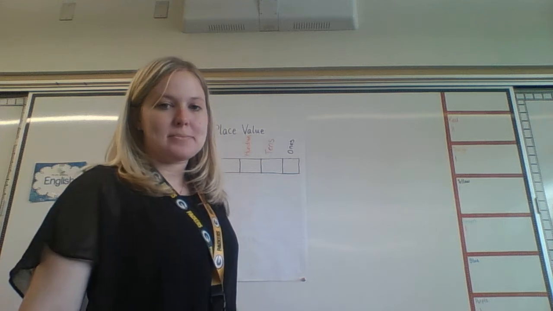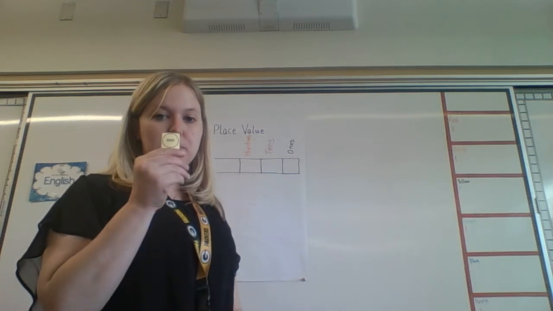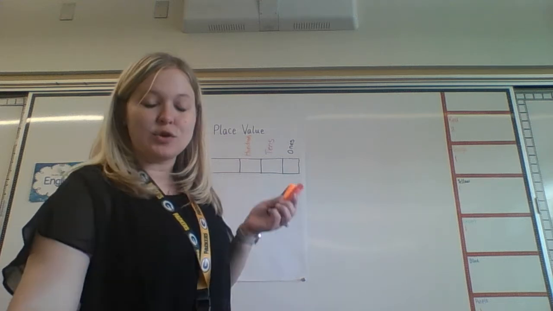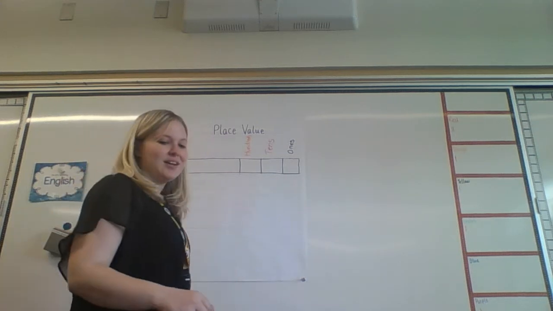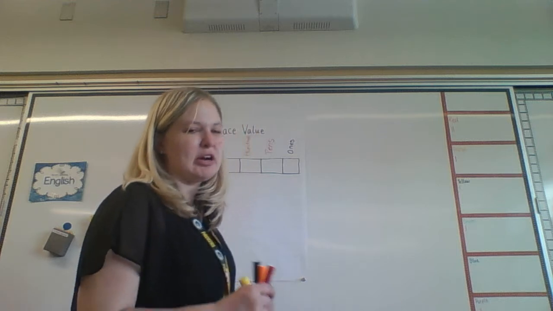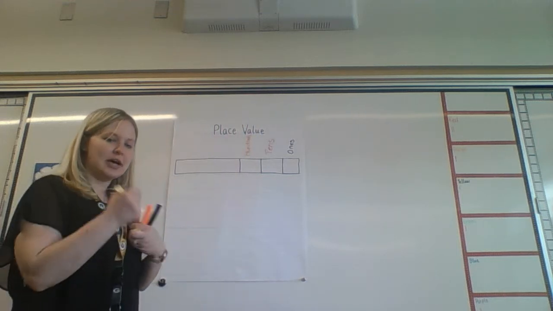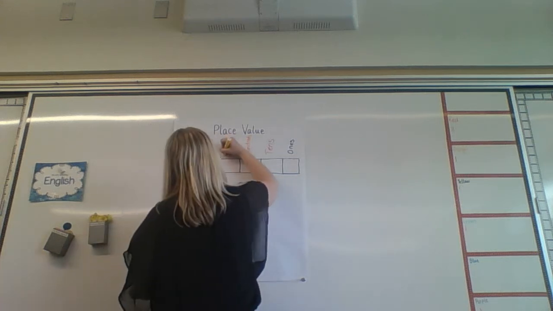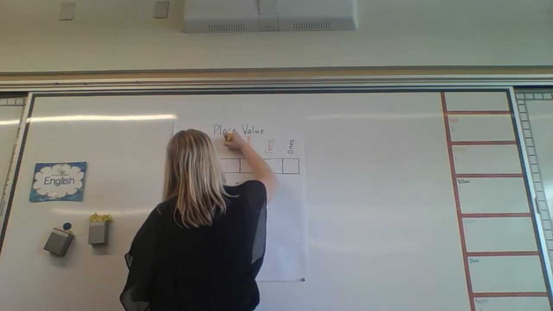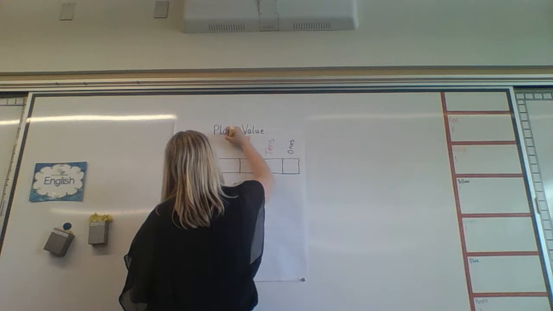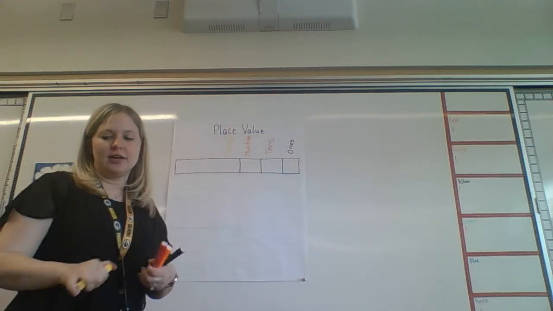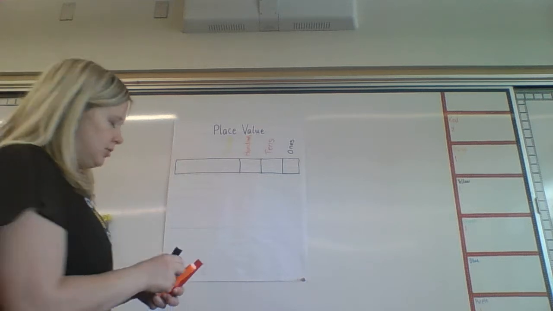Now here's the thing. The thousands discs are yellow, but I can't really write in yellow and have you see it that well. So I'm going to try, but I'm going to trace over it in black just so we can see it better. I can always highlight afterwards to help us remember it. So ones, tens, hundreds, then we have the thousands place. It might be hard to see that, so I'm going to go over it in black.